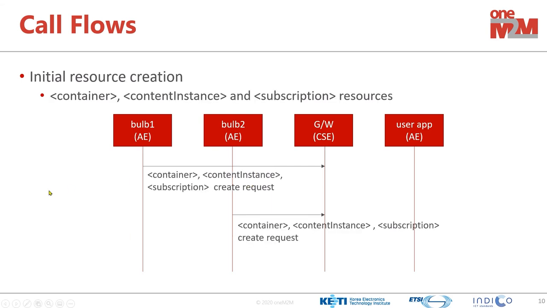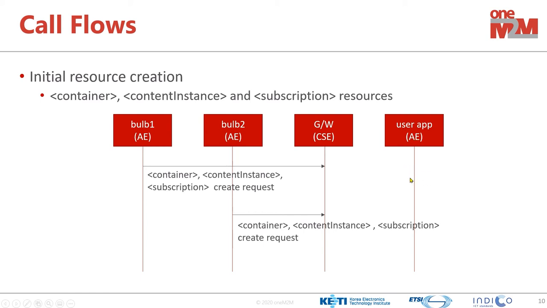We are going to create the initial resources, including a container and some content instances as the initial sensor reading. We also create the subscription to get the commands in real time. For example, if device 1 creates a subscription to the container, that device can receive the actuation messages which are generated by the user application.